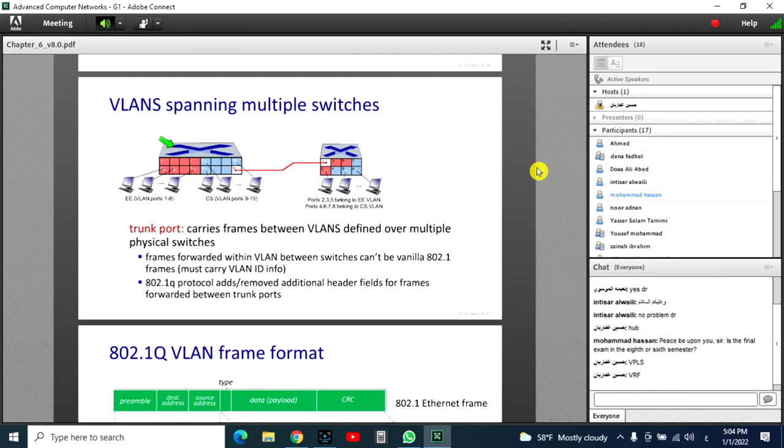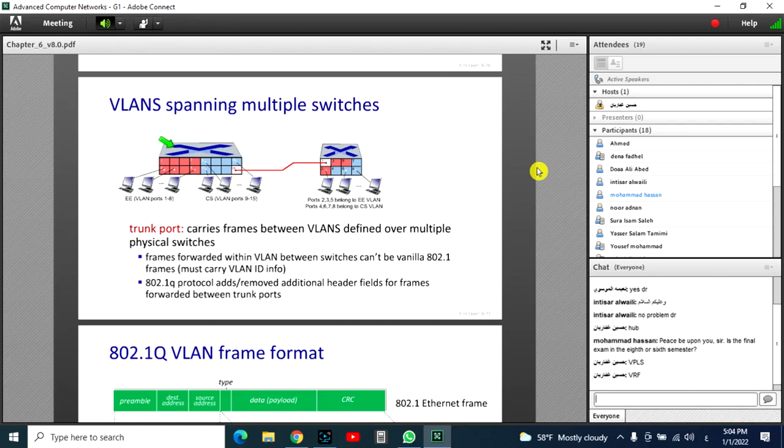Okay. We talked about a special case of VLAN. I said that, okay, I have one more user. I'm working in the computer science department, and I have a special user inside the electrical engineering department, the EE department. What should I do? How can I connect my network to those users, or connect them to my network?